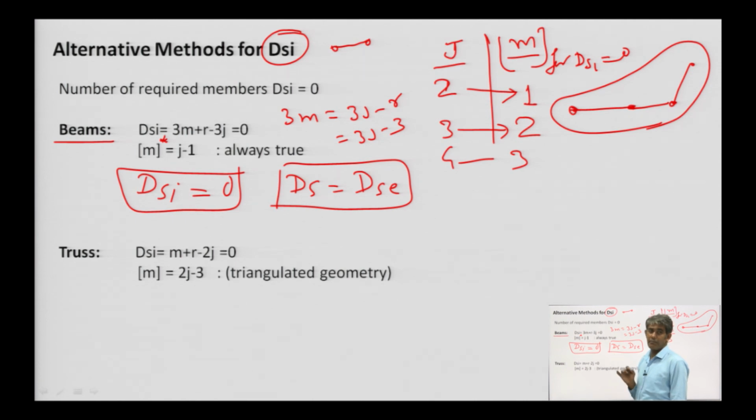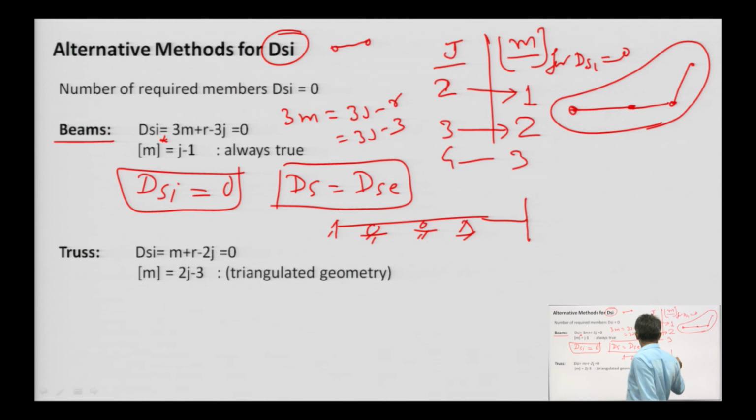Whatever is the case of the beam, either fixed or continuous or any type of beam, without any calculation you can write DSI as 0. In books you will see that for beam there is no internal indeterminacy, only external static indeterminacy.